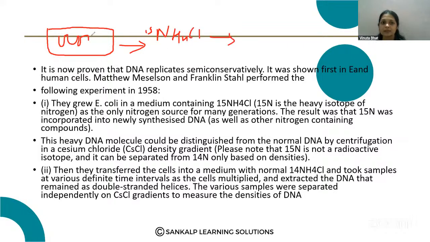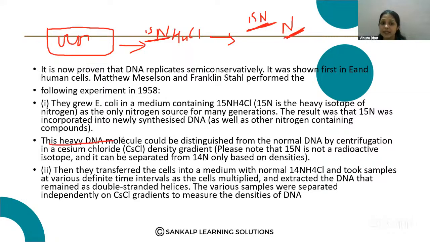So this bacteria contains 15N in its DNA, because the nitrogen is present in the DNA of this E. coli bacteria when it is grown in this medium for several generations. So when grown many times in this medium, 15N was incorporated into the DNA, because nitrogen is a component of the DNA, right?